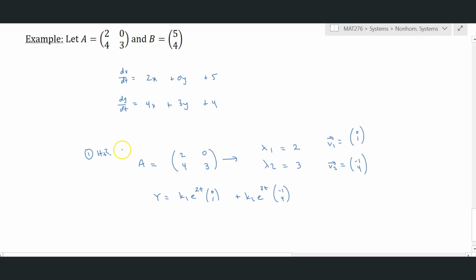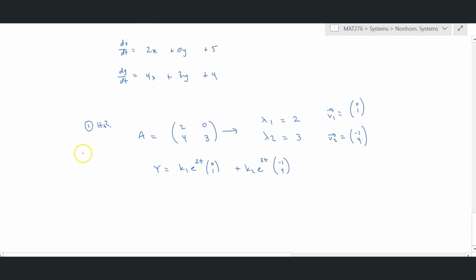Now we'll leave it like this. You could calculate x of t and y of t. x of t would correspond to the top row, y of t to the bottom row, and so x of t would be 0 times k1 e to the 2t plus negative k2 e to the 3t, and y of t would be 1 times k1 e to the 2t plus 4 k2 e to the 3t.